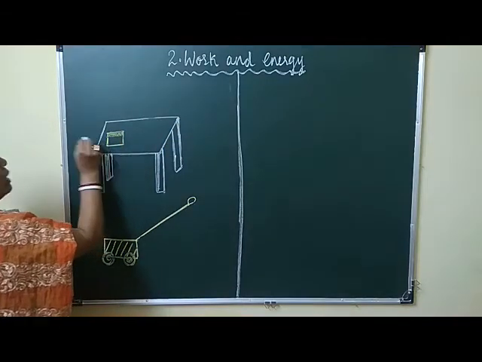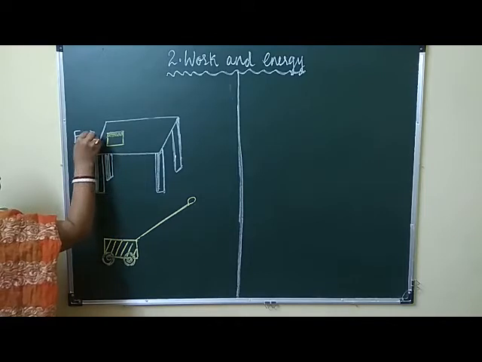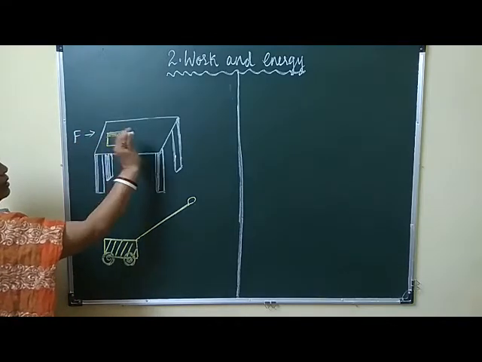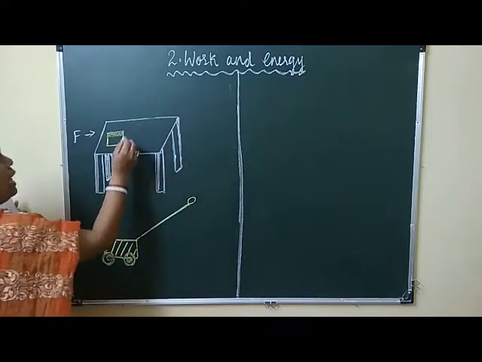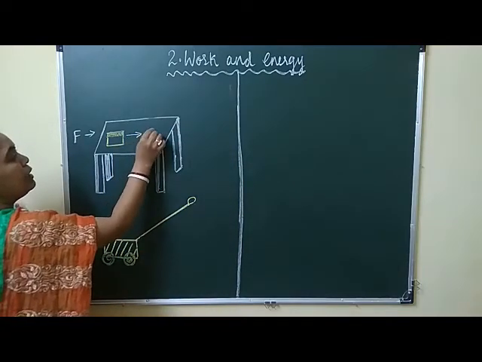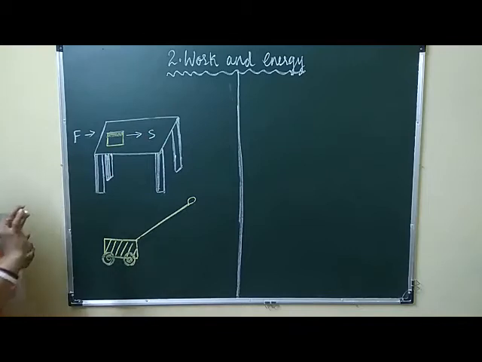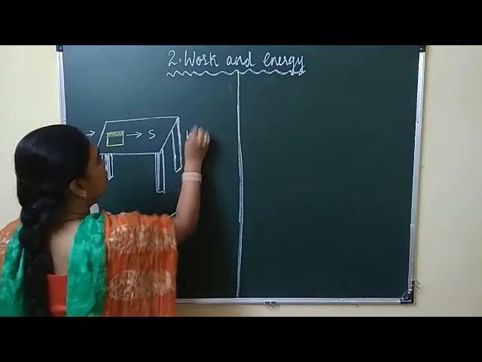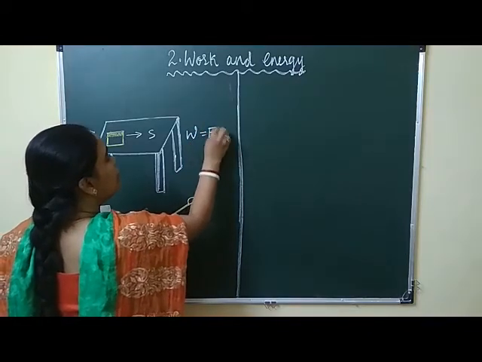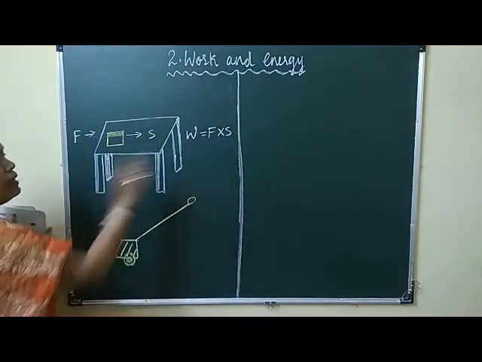She is applying a force from left to right, and it is making a displacement in the same direction. So here work done we can write as force into displacement.